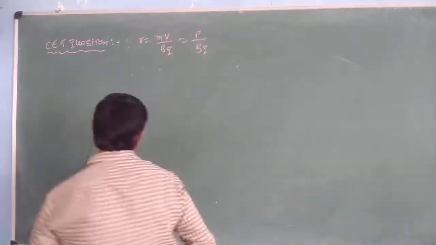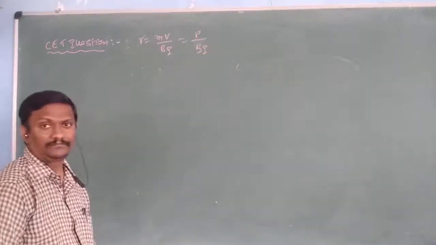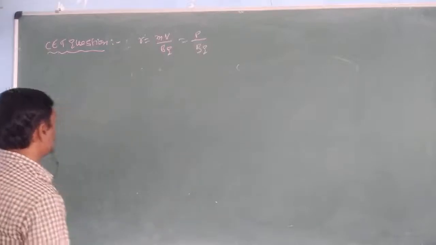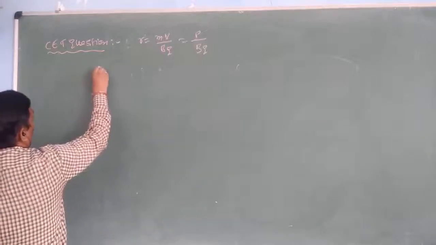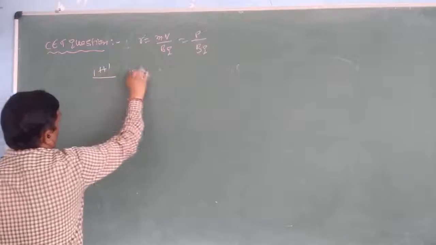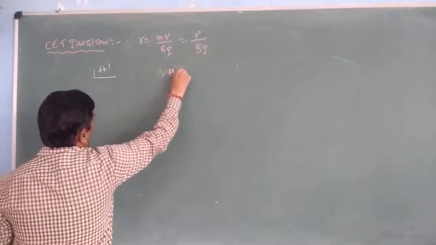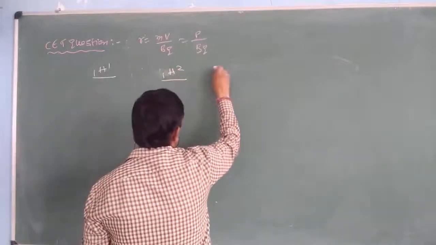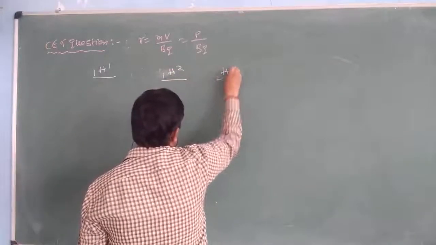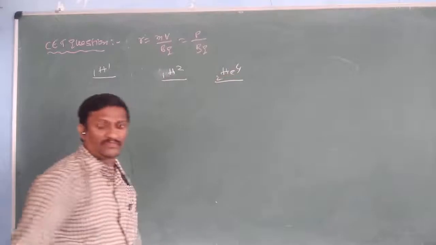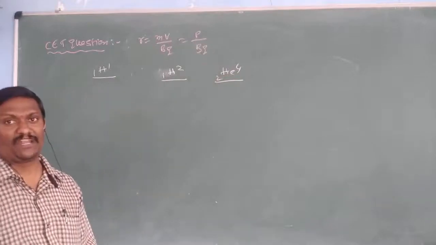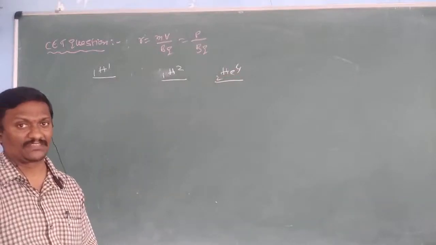Based on this radius, again see three charged particles. The first particle means proton, the second particle means deuterium, and the third particle means alpha particle. So proton, deuterium and alpha particle are three different charged particles.